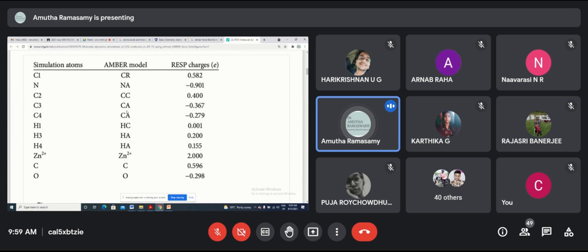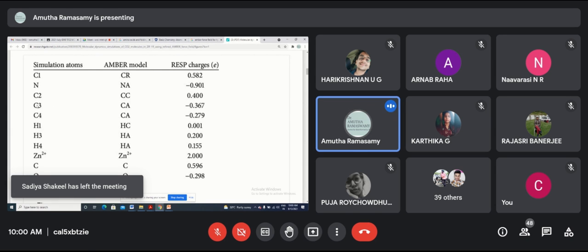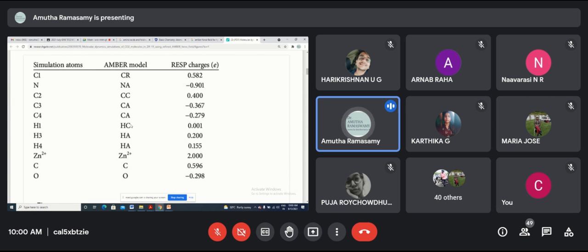In the amino acid C1 is always the C alpha, right? That has a different charge. The C alpha in the C3 position has a different charge. The C alpha in the C4 position has a different charge. The carbon connected to hydrogen is different. The hydrogen connected to the C alpha is different. So every charge is getting disturbed by the covalent bonding.